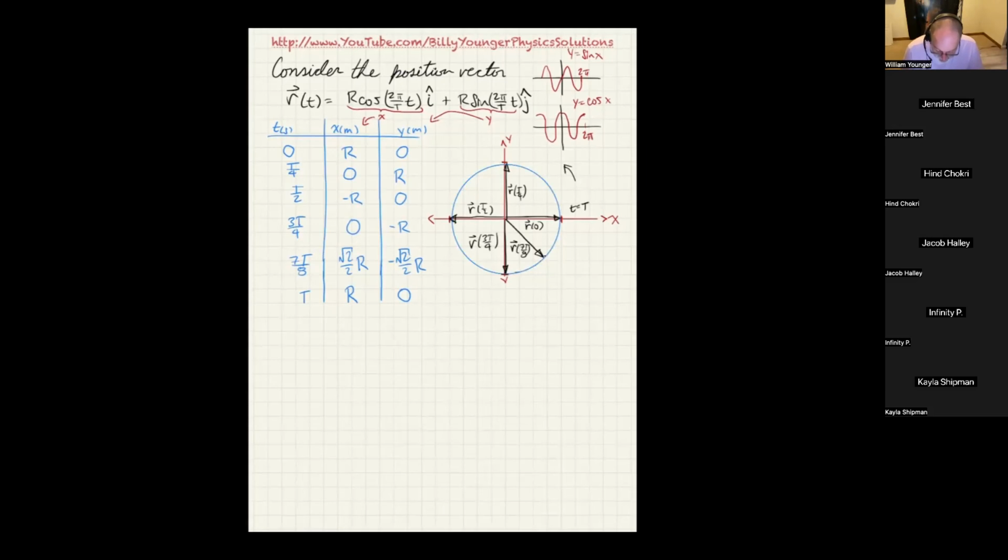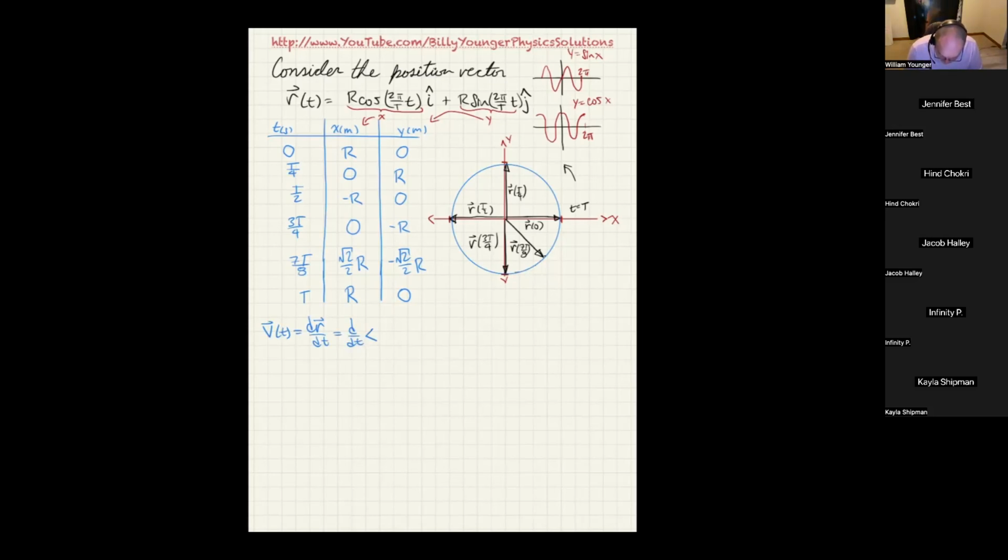Now, what I'd like you to do is compute v of t, which, by the way, is dr over dt, which we can write as d by dt. Remember, the shortest way to write a vector is to put it in the less than and greater than symbols.